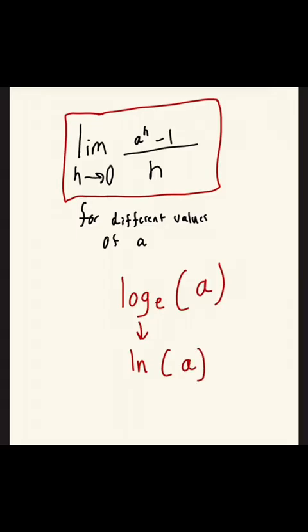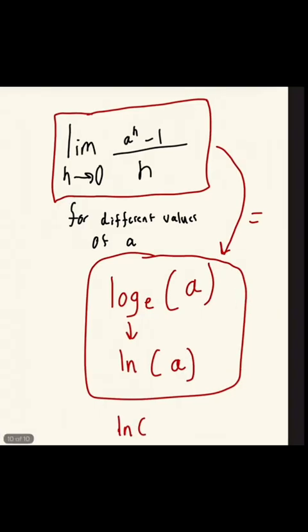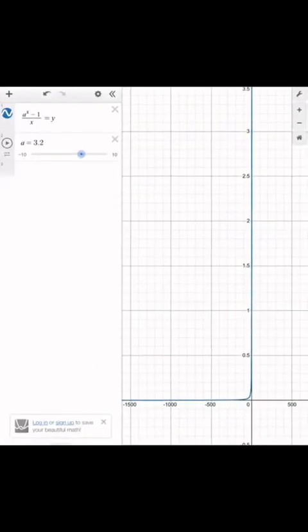So this thing here is equal to these two. All right, and we can see that because if we do ln a, we will get the same. So let's go ln, what do we have over here? We had ln 3.2.